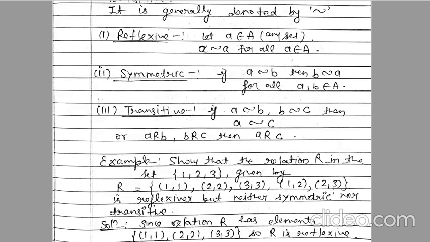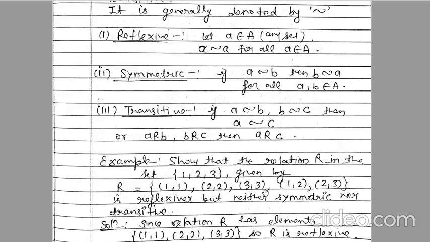If you are writing a set, you write it inside curly brackets. This is your curly bracket. And for the relation, each pair is written in small brackets, with a comma between the elements: (1,1), (2,2), (3,3), (1,2), (2,3).